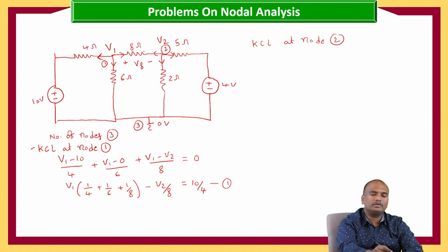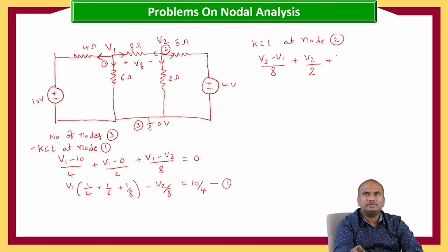The current flowing through 8 ohms is (V2 minus V1) by 8, plus V2 by 2, plus (V2 minus 4) by 5, which equals 0. Taking terms together: minus V1 by 8 plus V2 into (1/8 plus 1/2 plus 1/5) equals 4 by 5. This is our equation number 2.